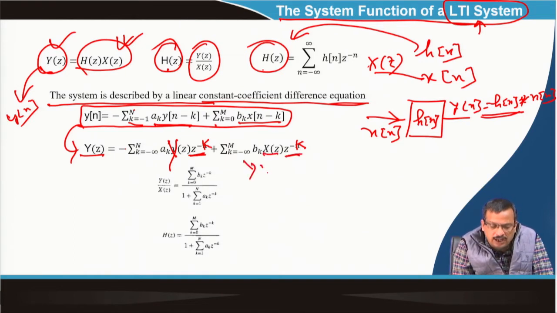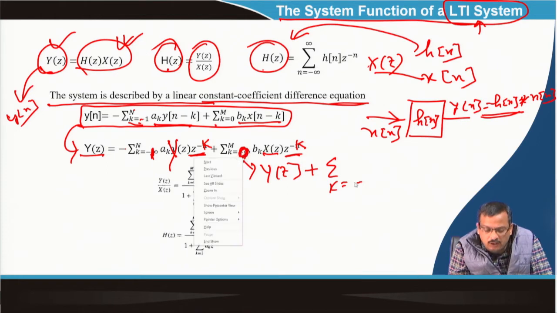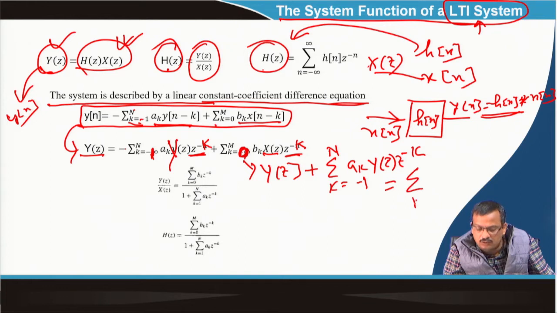So, Y(z) is equal to minus the sum over k equal to 1 to N of a_k Y(z) z to the power minus k, plus the sum over k equal to 0 to M of b_k X(z) z to the power minus k.